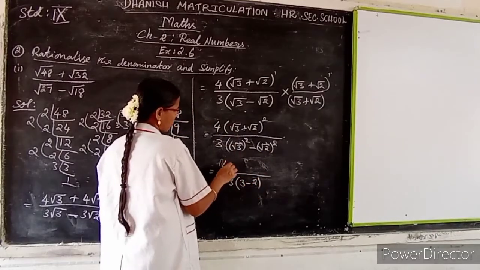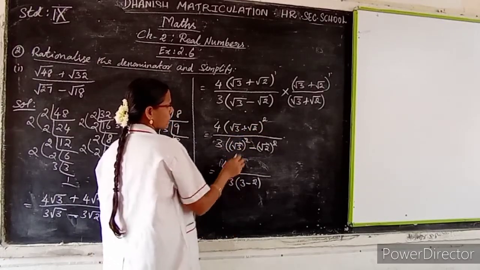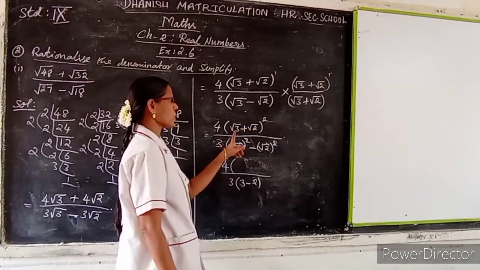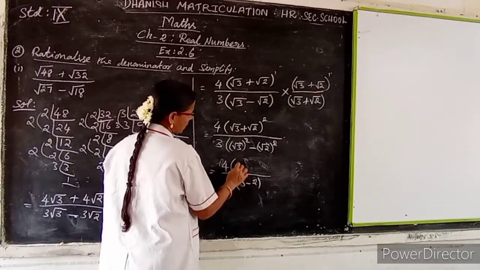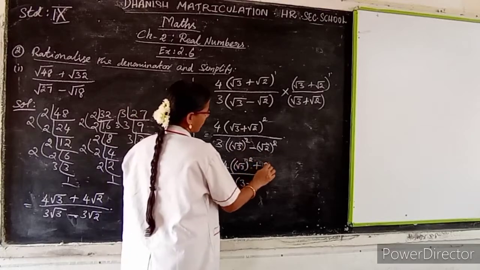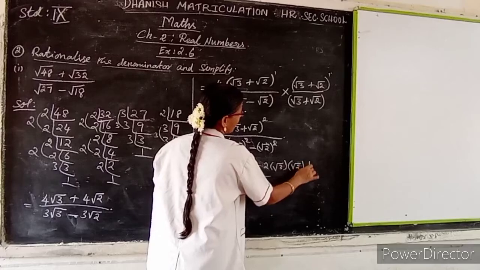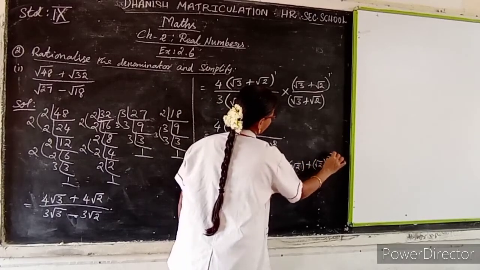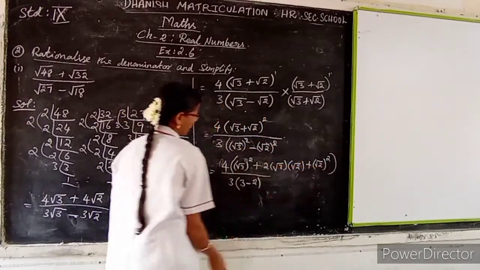In the numerator, 4 into this is in the form of a plus b the whole square. So what is the identity for a plus b whole square? a square plus 2ab plus b square. So here a is root 3 square, plus 2ab, 2 root 3 into root 2, plus b square, root 2 square. Close the bracket.